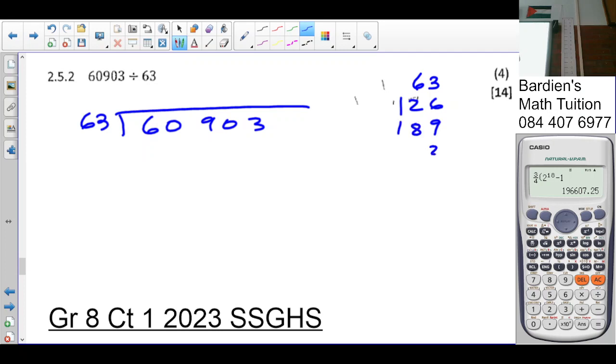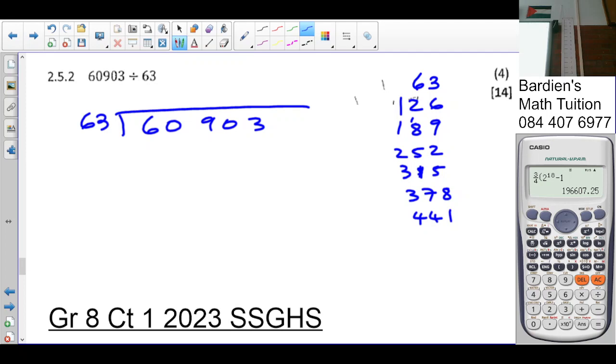Plus 63 is 252. Plus 63, 315. Plus 63, 378. Plus 63, 441.